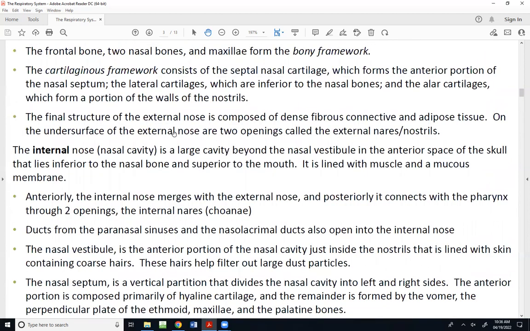On the undersurface of the external nose are the two openings that I've already mentioned. What we commonly call them are the nostrils. That's what you stick your finger up into if you want to pick your nose. The fancier term for them is external nares. Now, if you replace this letter E with an I, that spells naris, which makes it singular.